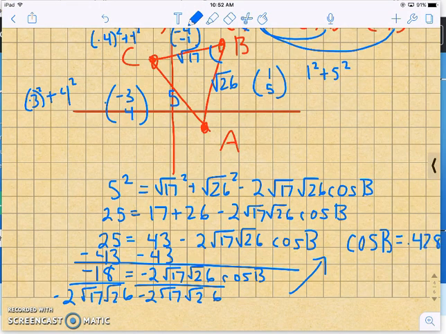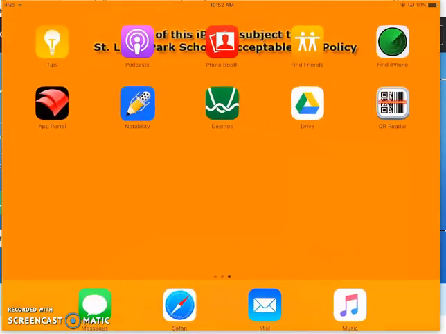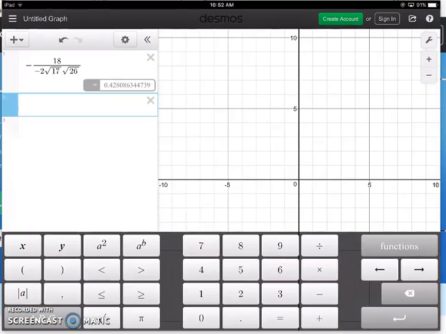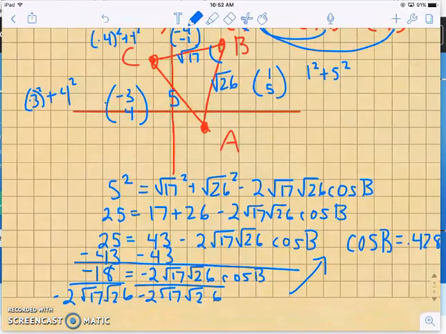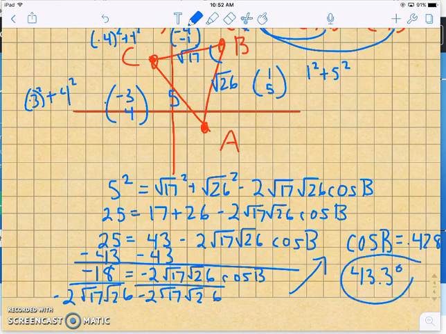And then we do the inverse cosine to find that angle. So 43.3 degrees. We have it there.